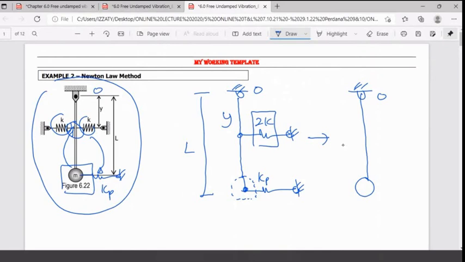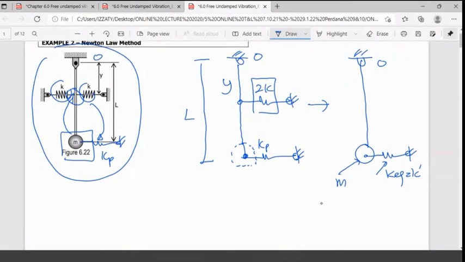You have only one spring, and this is your M. This one is your K equivalent, or K prime. So your K equivalent is equal to your KP here plus the 2K that you move. Your aim now is to define what your K here is.